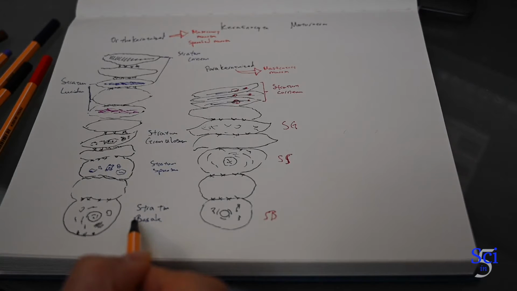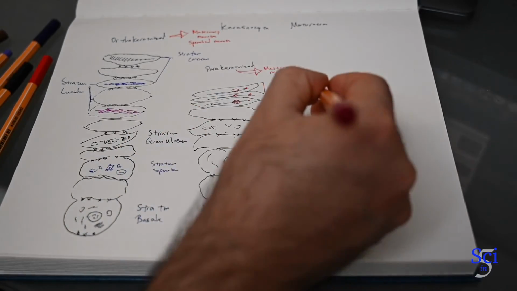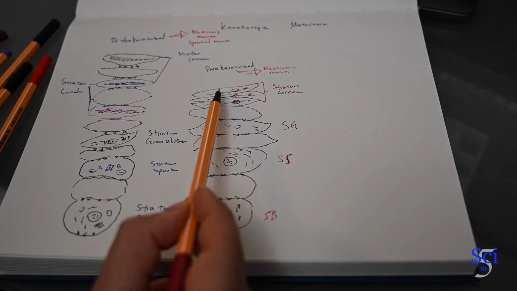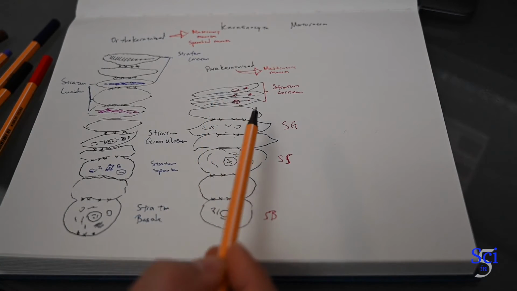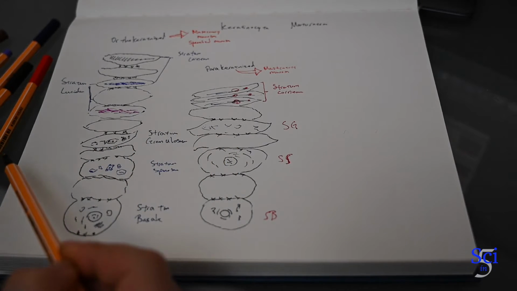So the big difference between ortho versus para is really just in this top layer right here. Again, there are nuclei, there are few organelles, and the other difference is the stratum granulosum has the keratohyaline granules, but it's going to be fewer than in the orthokeratinized.